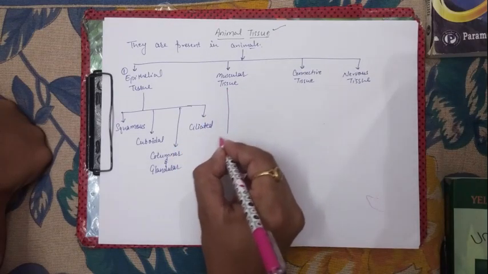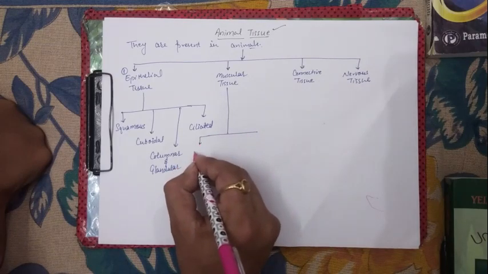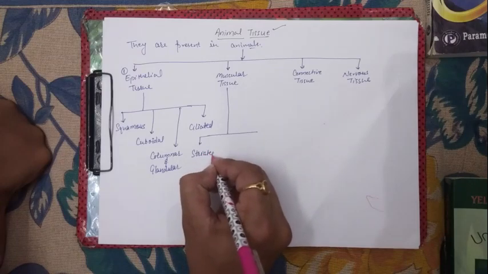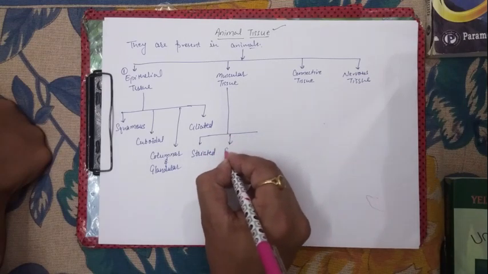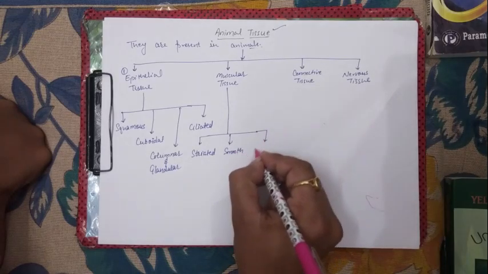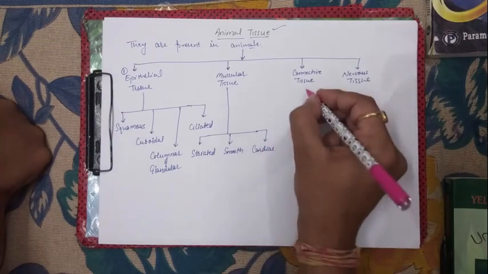Muscular tissues are divided as striated muscle tissues, smooth muscle tissues, and cardiac muscle tissues.